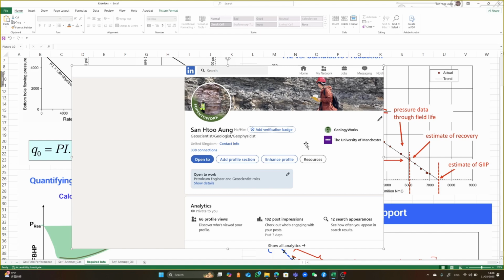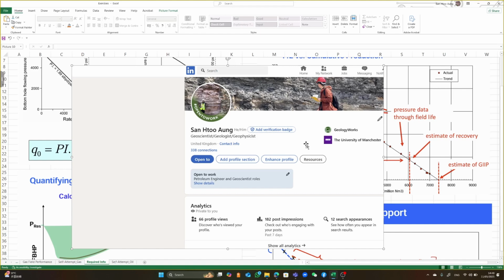I'll also explain the principles behind these calculations, and a little bit deeper how we can use the graphical approach to estimate these things, which are very important for oil and gas production, production forecasting, and investment returns, etc.